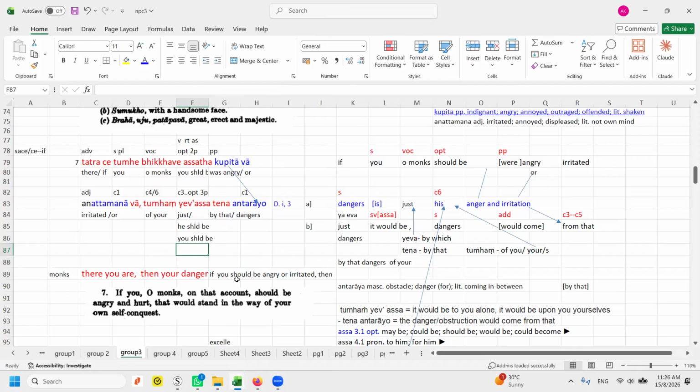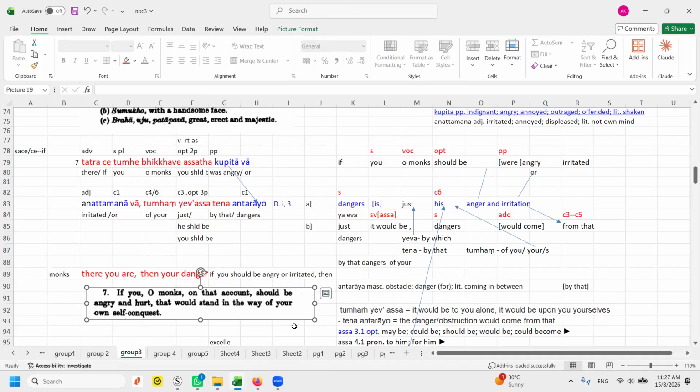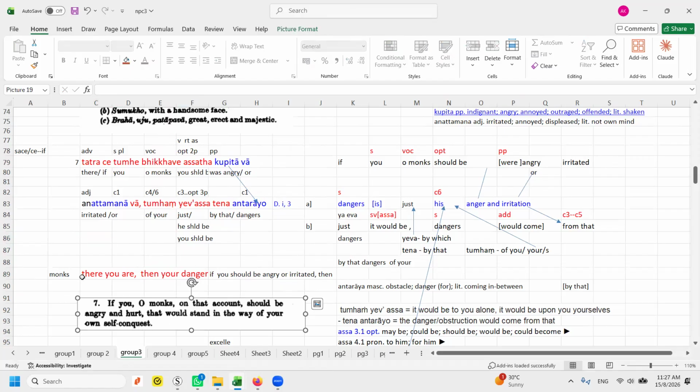Then your danger, if you should be angry and irritated, then... Buddhist, monk, there you are. Then your danger.